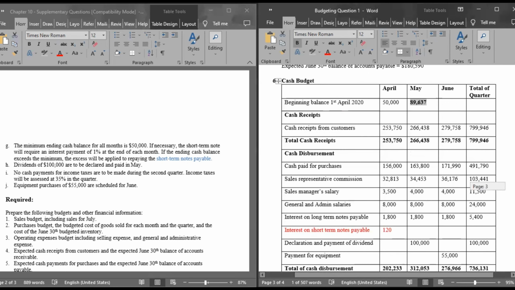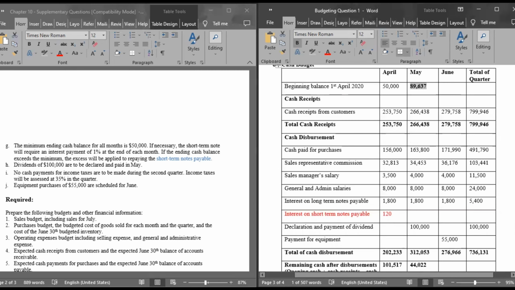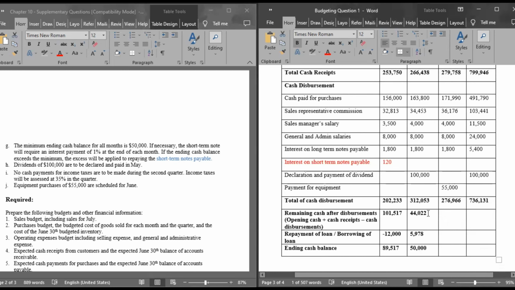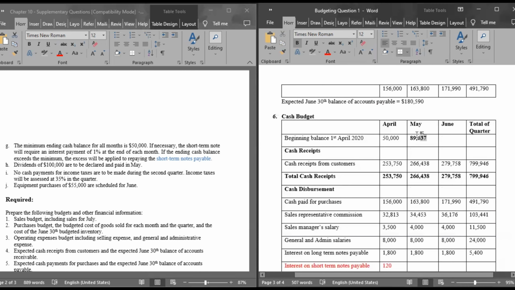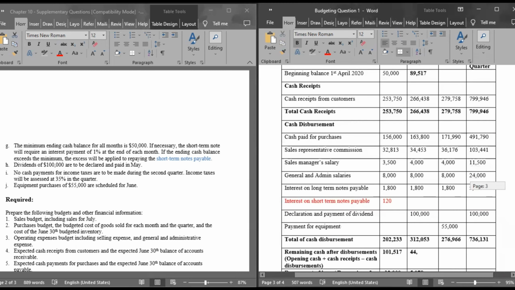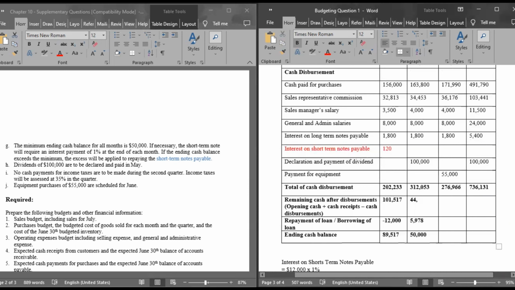Now add this balance to the cash receipts of May. 89,517 plus 266,438 minus 312,053 equals 43,902.